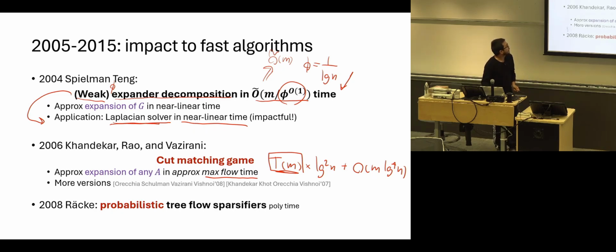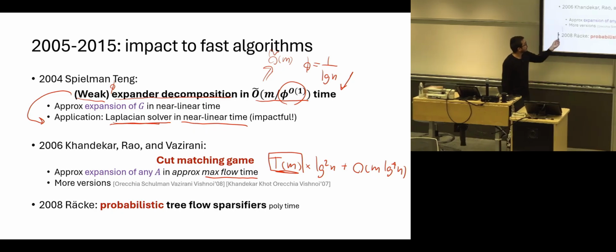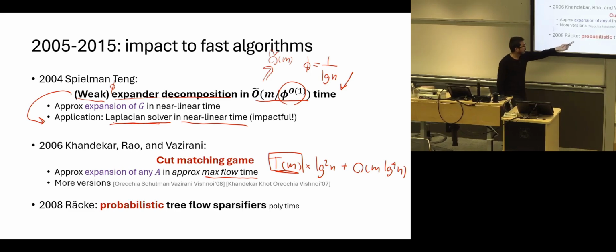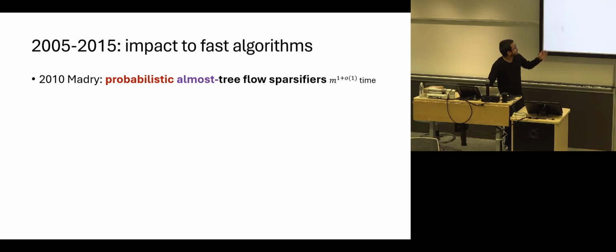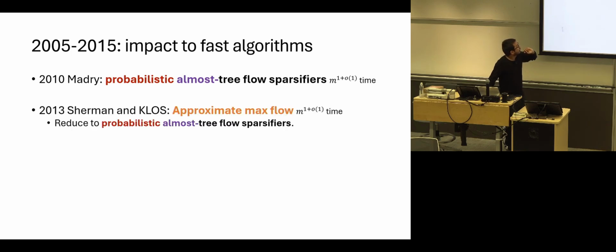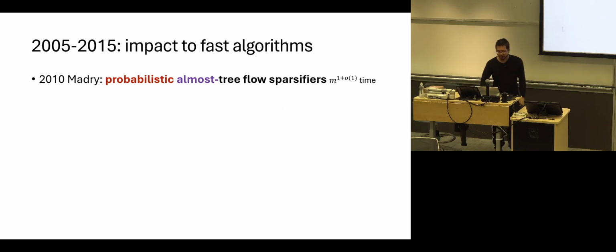Right. And the probabilistic tree flow sparsifier, the optimal one, is introduced after this. And then two years later, Madry makes it fast, the J-tree thing.